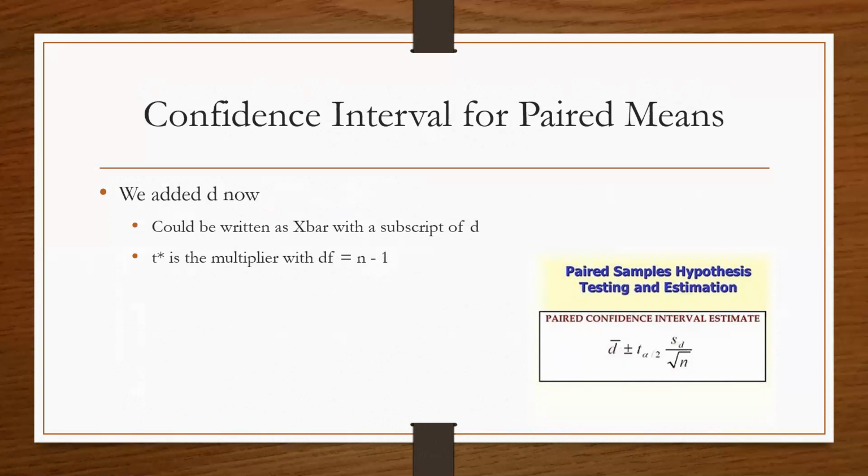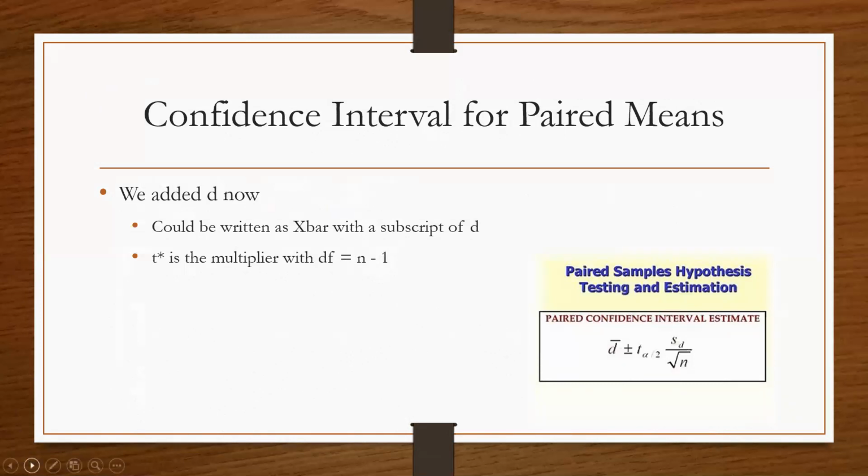The T multiplier that you calculated before differs between a single mean and paired means. If it's paired means, then you're always going to have to use the degrees of freedom. If it's a single mean, then you're just using the other one that you calculated. Okay, so we only use the df, n minus one, if it's a paired mean. Right? Yeah.